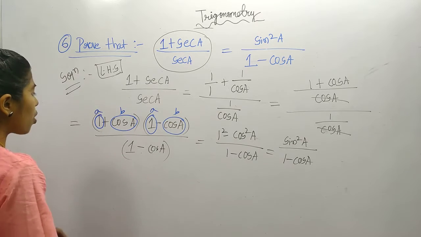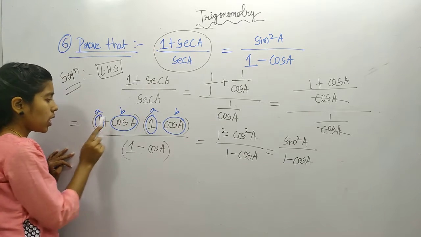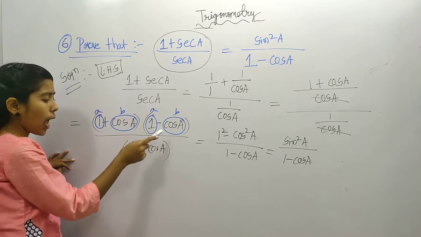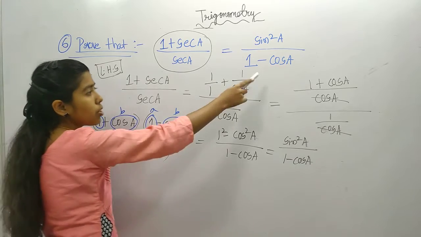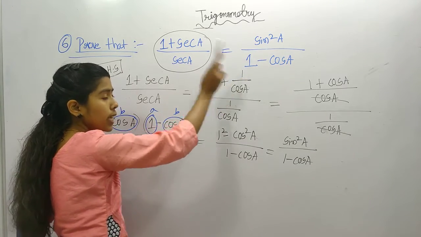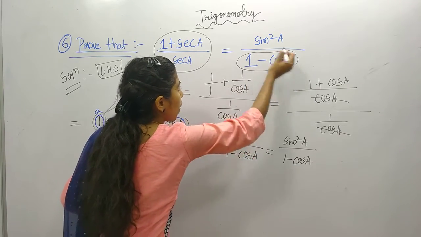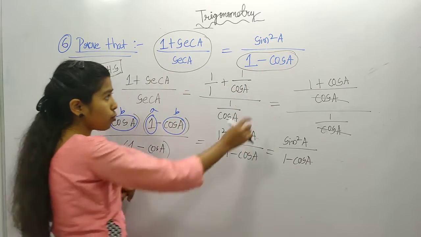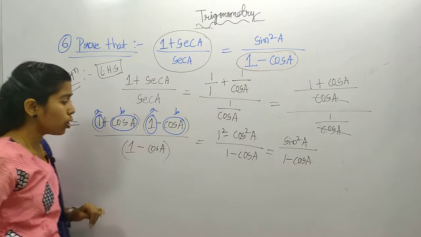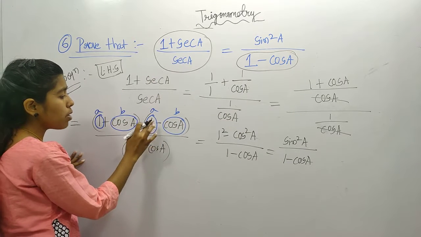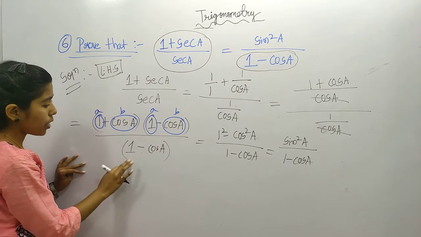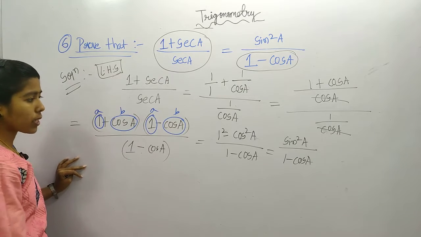You see, if you have multiplied the numerator, that is 1 plus cos a, and divided it, then you will not get the right hand side, because in the right hand side it is given 1 minus cos a. So you have to bring 1 minus cos a. So we have multiplied with 1 minus cos a and divided by 1 minus cos a.